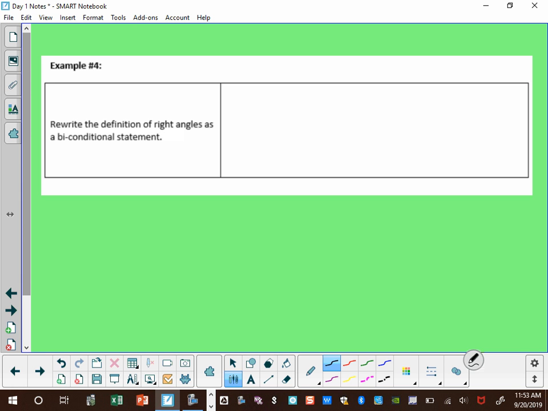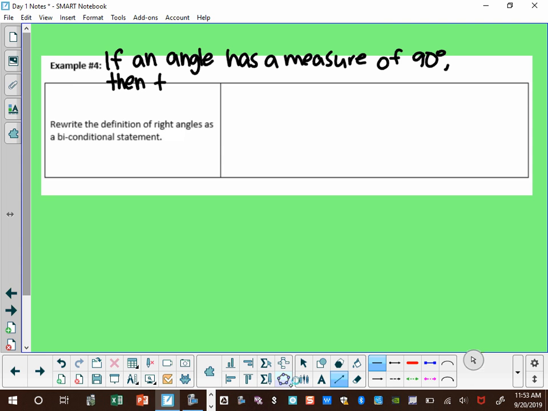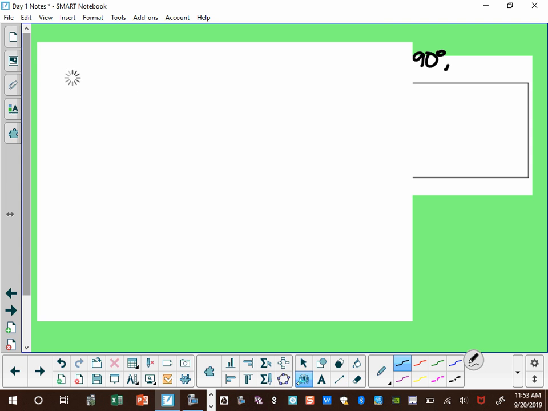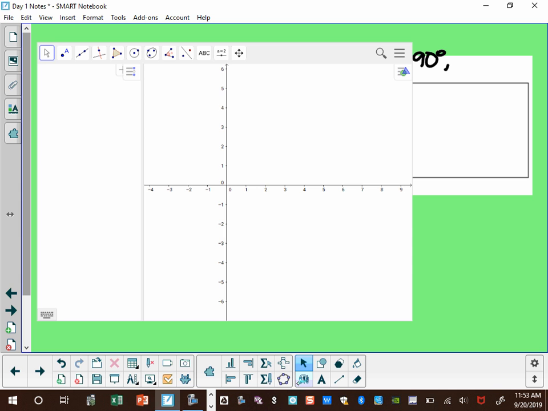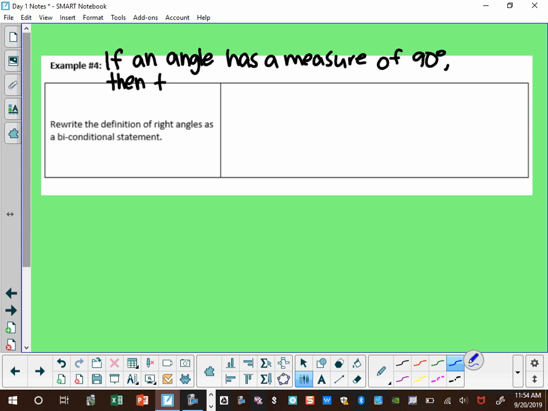The definition of right angles: if an angle has a measure of 90 degrees, then it is a right angle. You don't have to write it on your paper now.